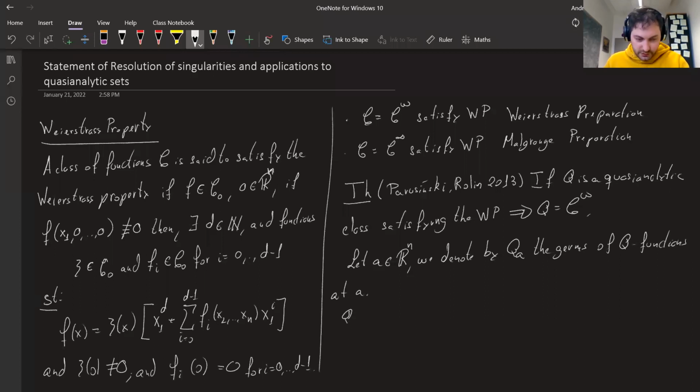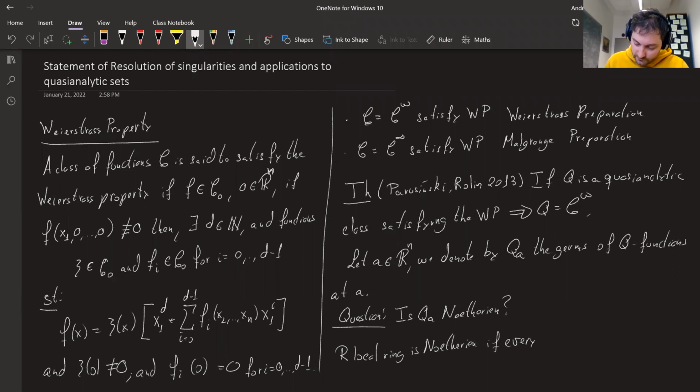And then the question: is Q_a Noetherian? Recall that a local ring like this, a commutative local ring, is Noetherian if every ideal admits a finite set of generators.